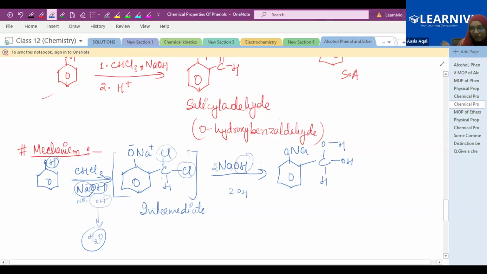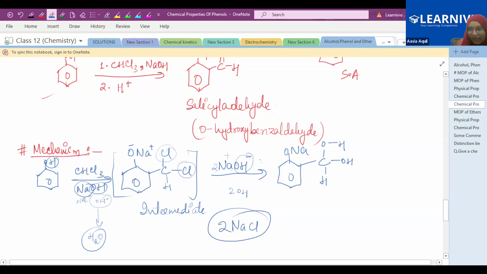Again, I'm just repeating this step. What happens when you add 2 NaOH again? Na has the positive charge and OH will have the negative charge. Now this chlorine is a good leaving group also. So these two chlorines will come and make a bond with the sodium, and 2 NaCl will be removed.